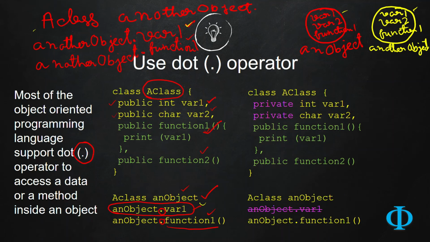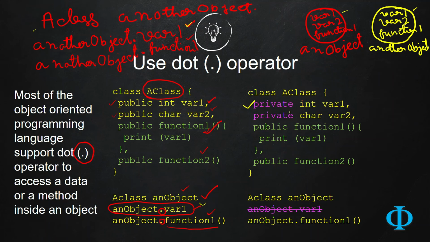Now the other thing that I would like to share here: if everything is public, then that is okay. But just a few minutes back in the previous video, we learned about the private keyword.